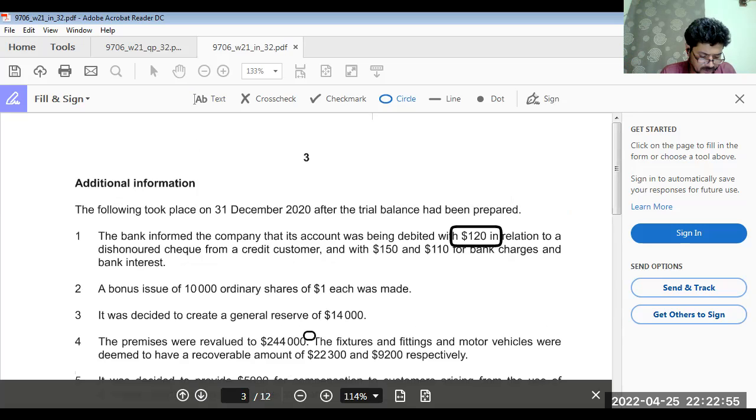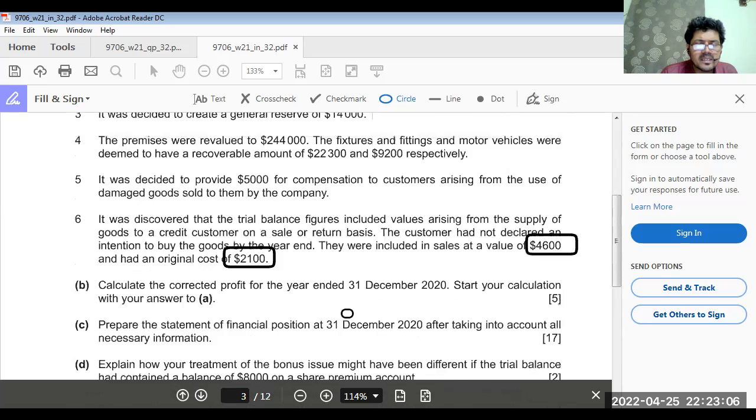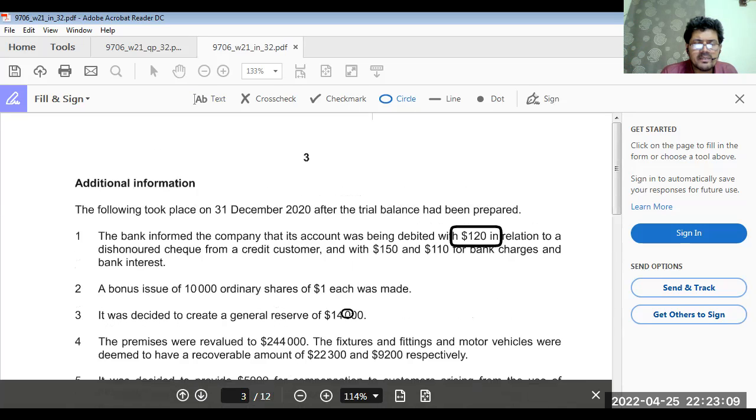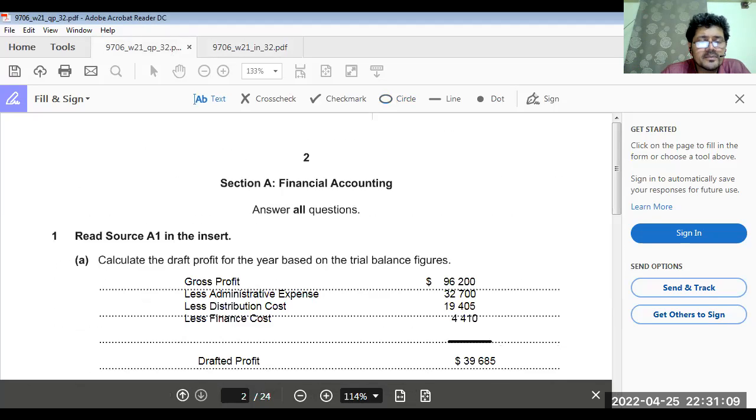Minus 110. 11,200 minus 120 minus 150 minus 110, and so now the bank amount is where we are.